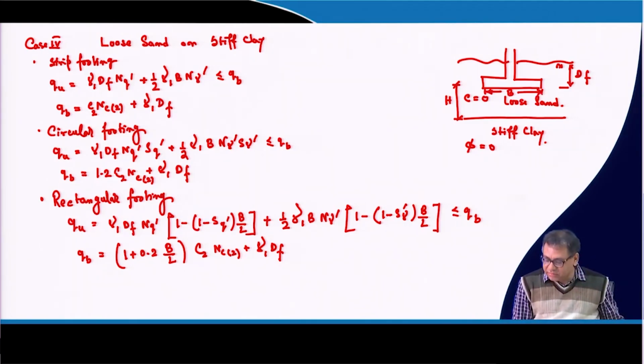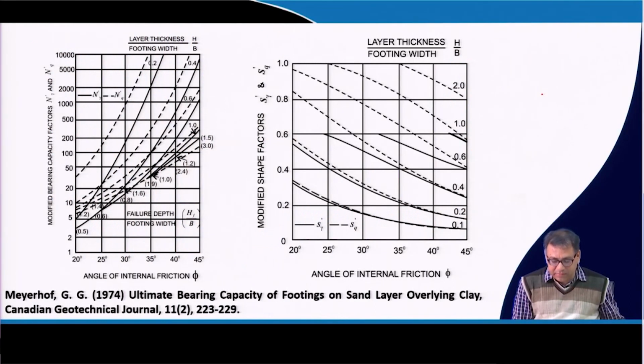If I know the h by b, then this is the internal friction angle of the top layer. Then for h by b of 0.2, this firm line is given for n gamma dash and this dotted line is given for n q dash.